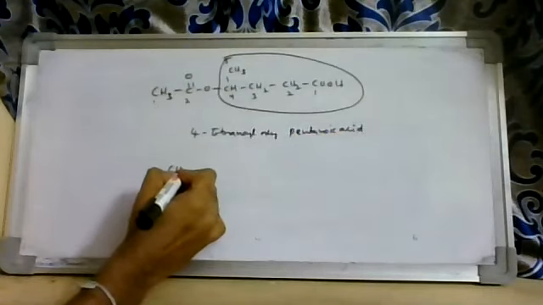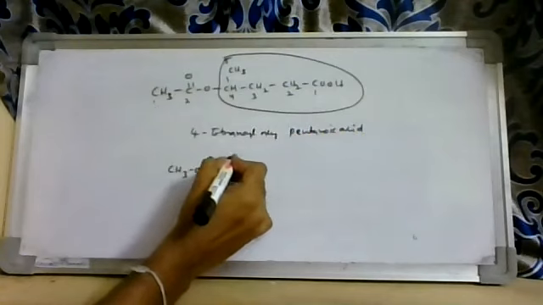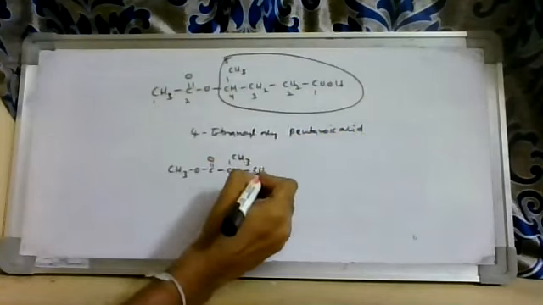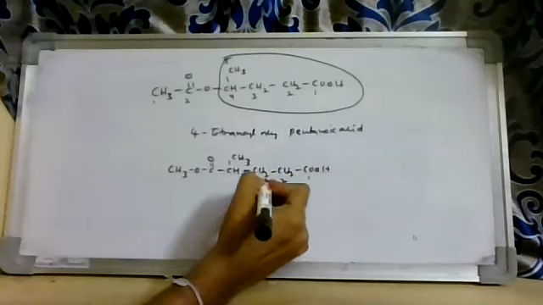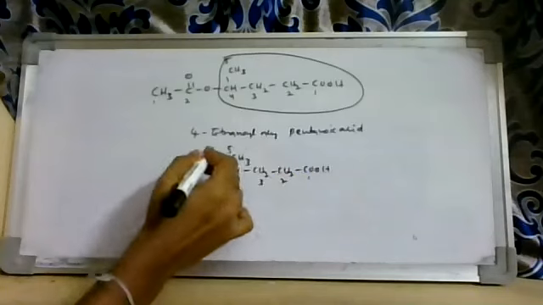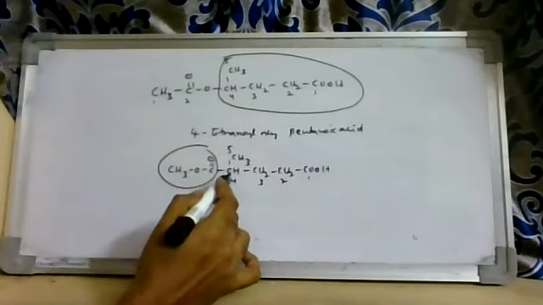Suppose I take a similar example. Here CH3O, C double bond O, CH, CH3, and CH2, CH2, COOH, numbered 1, 2, 3, 4, 5. So here also the ester functional group is a substituent, but here C double bond O is directly attached to carbon.